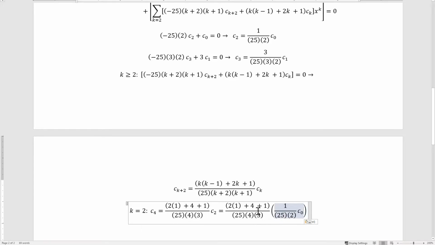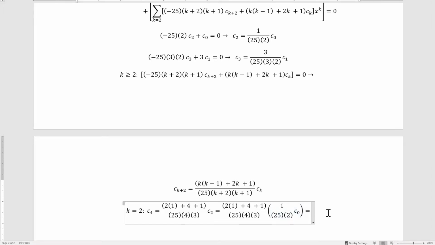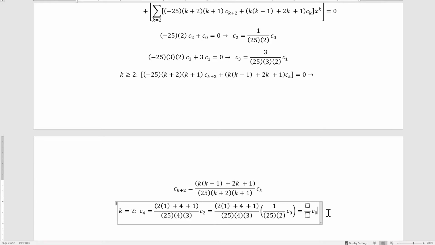All right. So what do we have for the numerator? That's 2 plus 4 is 6 plus 1 is 7. So it looks like we're going to have a 7.